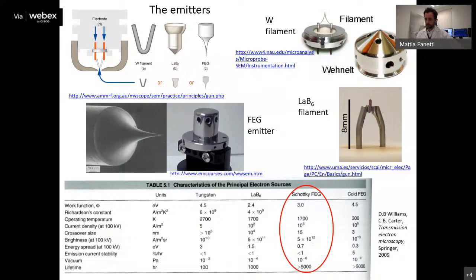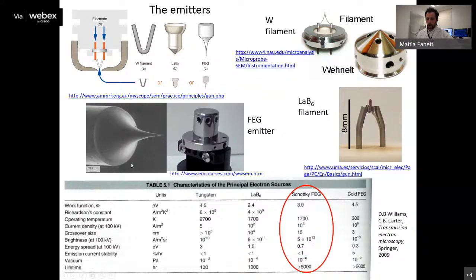In order to make it even easier, typically the filament is heated at quite a high temperature, in this case 1700 Kelvin.